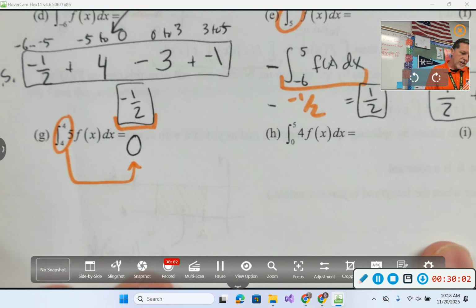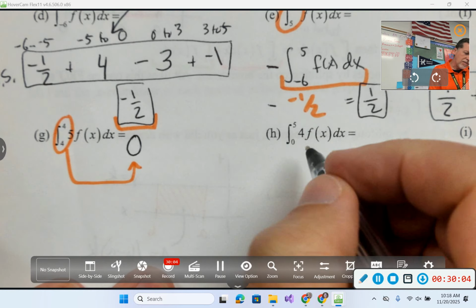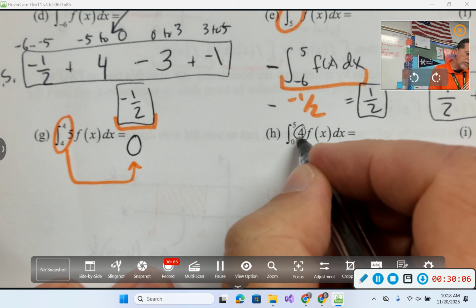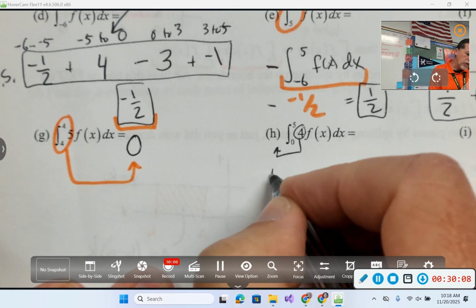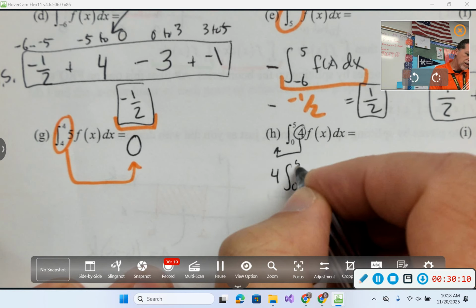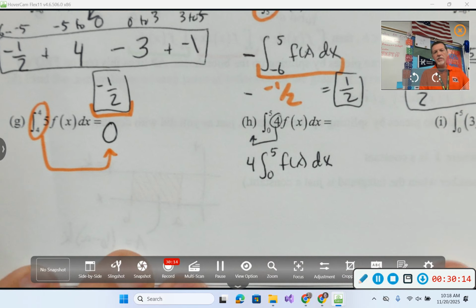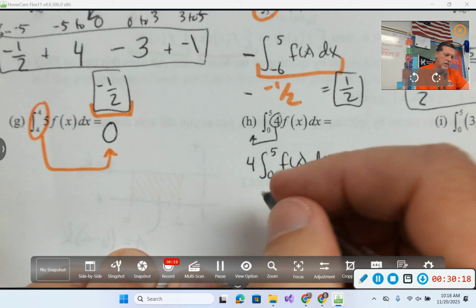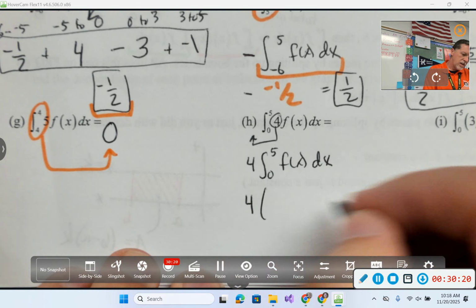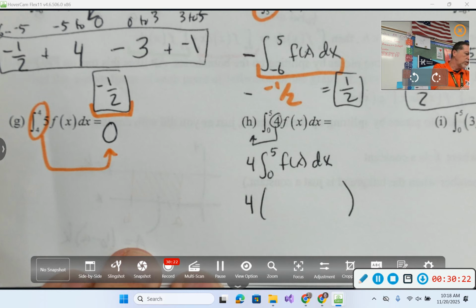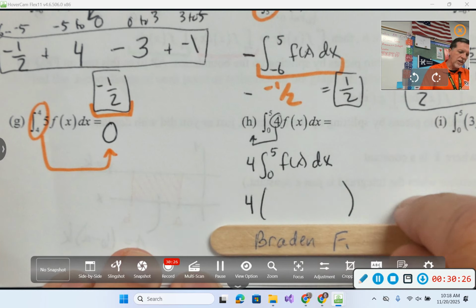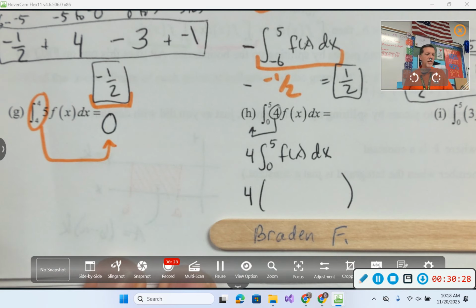All right. Part H has a 4 in front, but I can just move the 4 out to the front. And then whatever the area is from 0 to 5, I'll multiply it by 4. So 0 to 5, there's 2 pieces in there, but I bet Braden can combine all that by now.